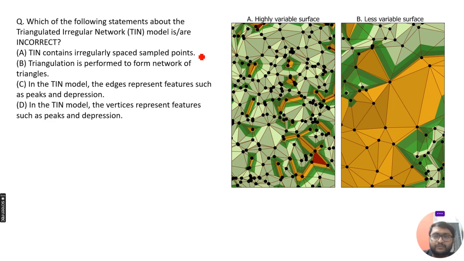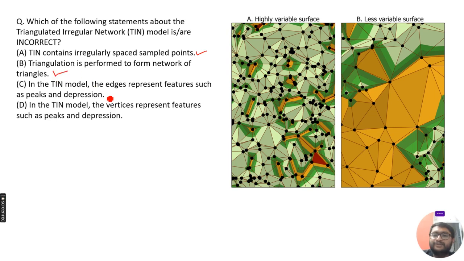Is it true or false? It's true, because from this figure it is very visible that it has irregular points. Then the second one: triangulation is performed to form a network of triangles. True.